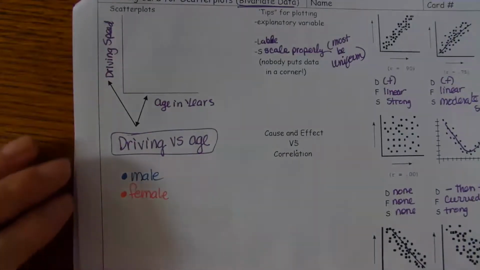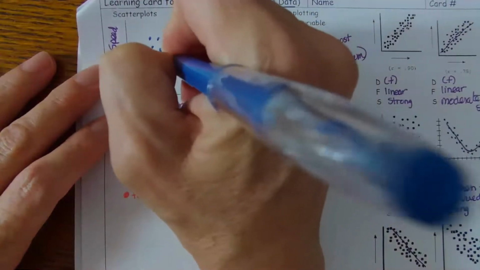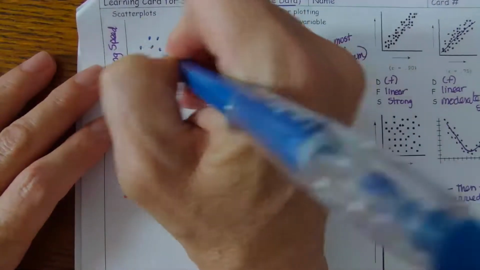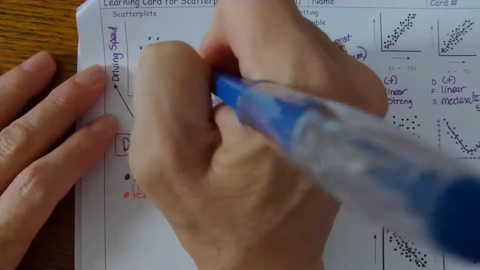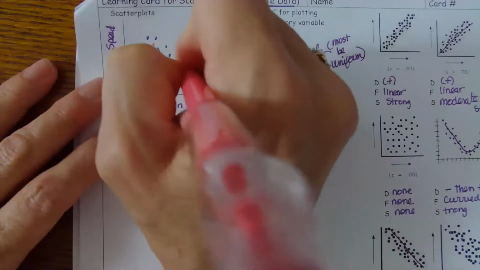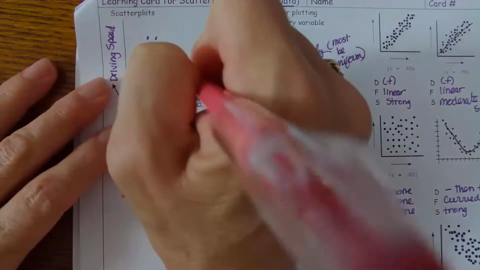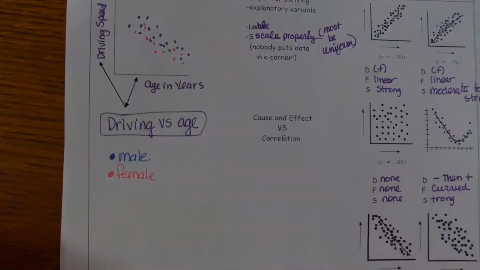Okay, so if I take males, I'm just going to put nothing fancy. Right? And I take females. I made this up. I'm not going to go look for real numbers. I just want to talk about this scatter plot.